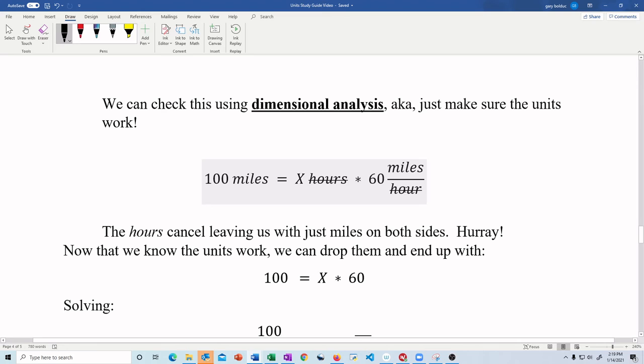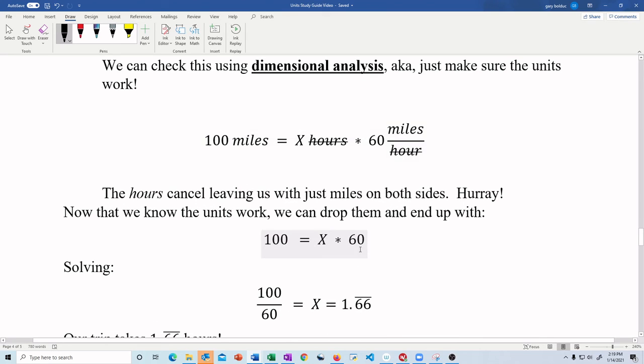So at this point, maybe you're looking at this equation like, oh, it's a monster. Well, guess what? We've got the units down, right? We made sure they work, so forget about them. We don't need these units anymore. We already figured it out. So all we have now is 100 equals X times 60. I know how to solve that. We did this in the last piece with the percentages. Divide.